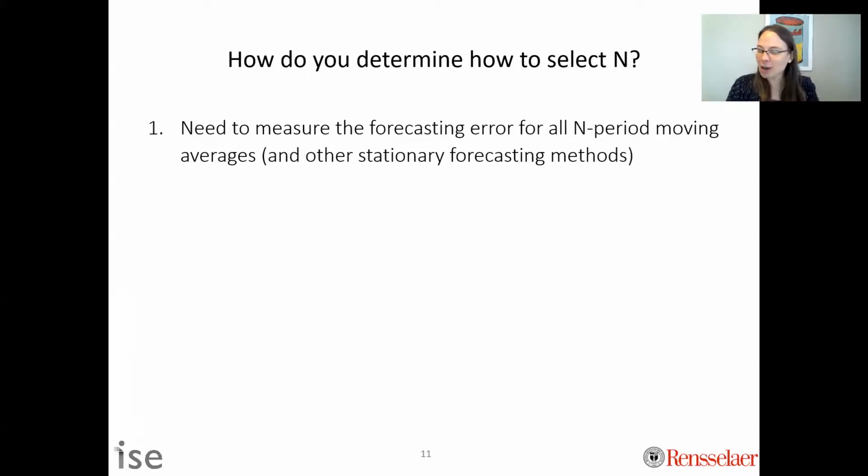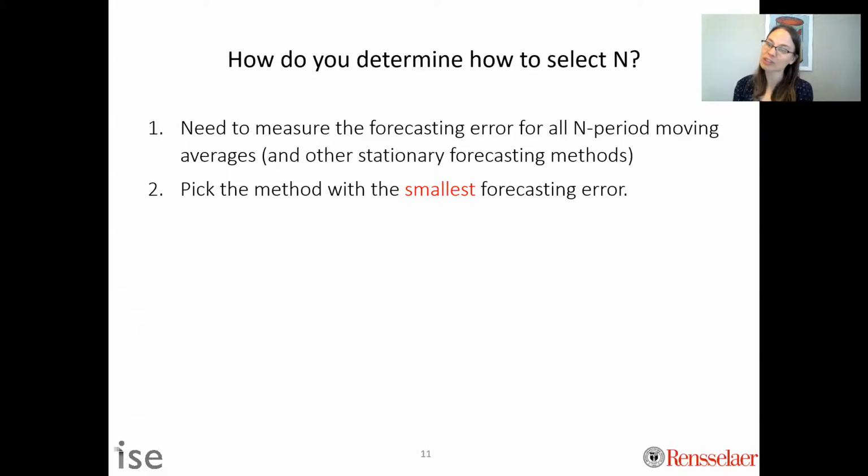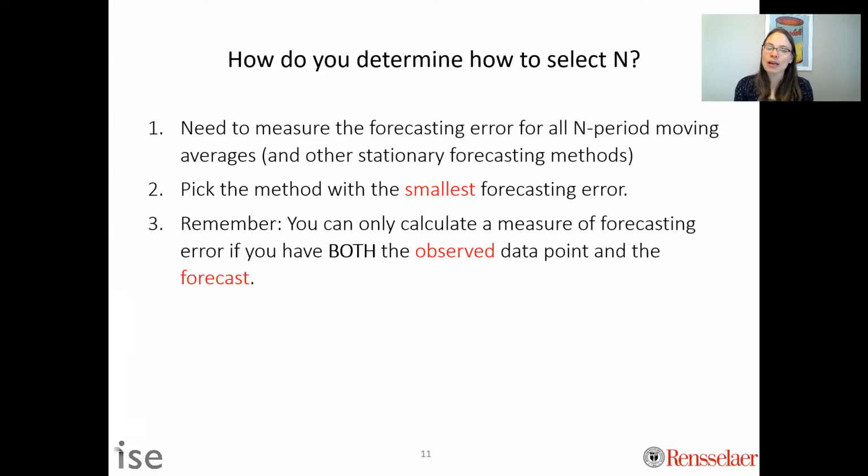I want you to figure out who can have the smallest forecasting error. That's the goal of my game, right? And we want to make sure that this competition is fair. To be fair, we need to make sure everyone's playing on the same playing field. And before we even get to that, how do we even calculate forecasting error?